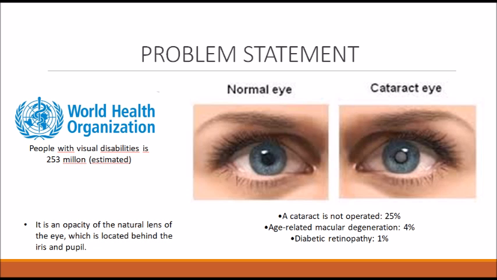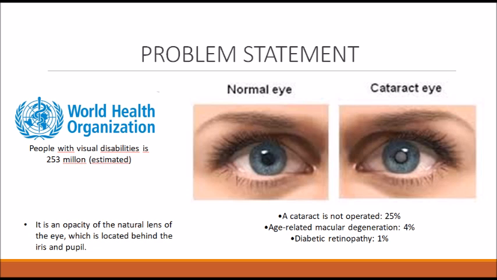According to the World Health Organization, it is estimated that the number of people with visual disabilities is 253 million. Cataract is an opacity of the natural lens of the eye, which is located behind the iris and pupil.